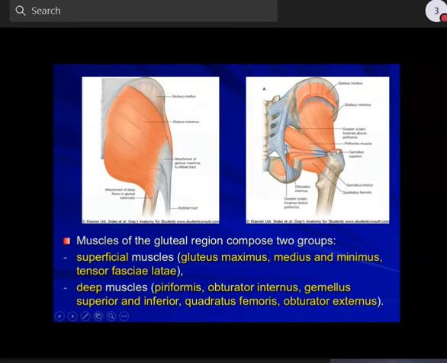So both gluteal muscles project above it and so abduct at the hip.